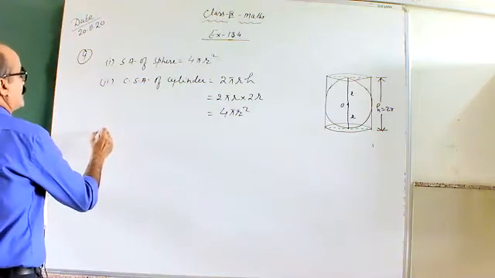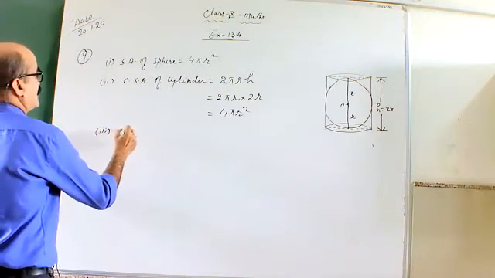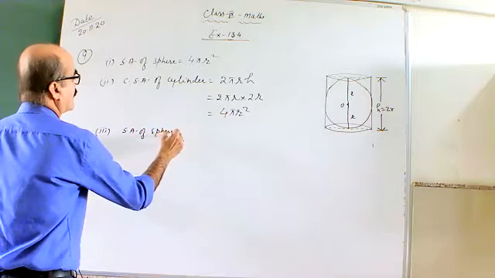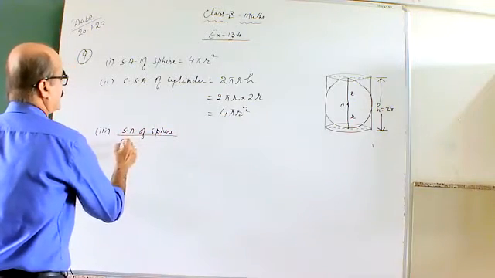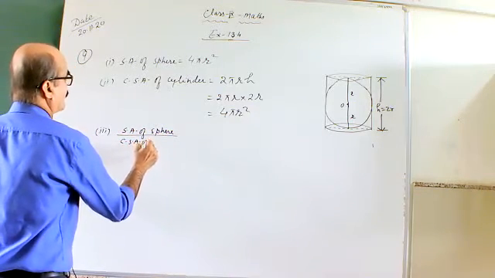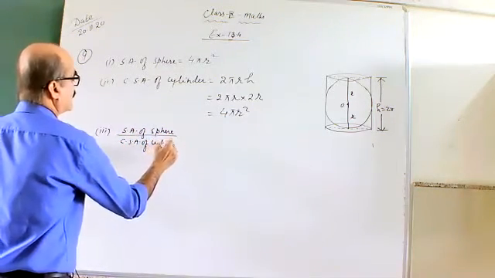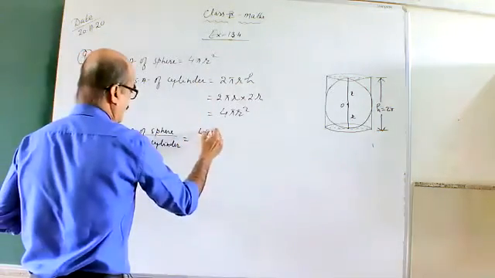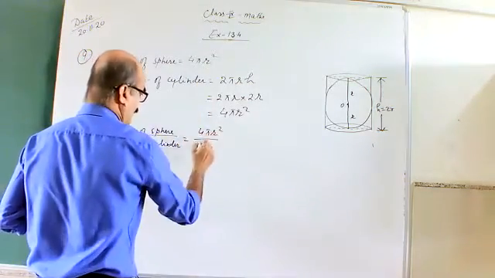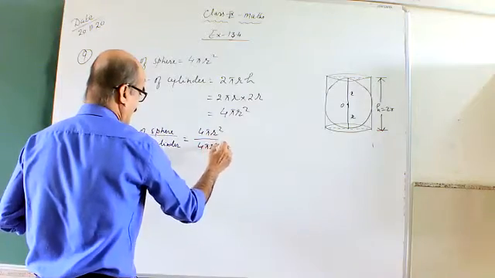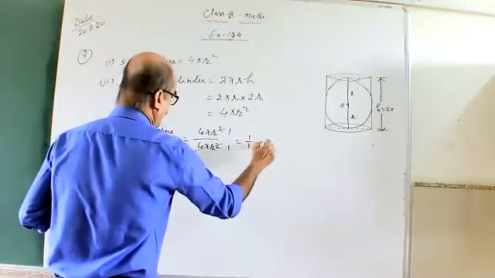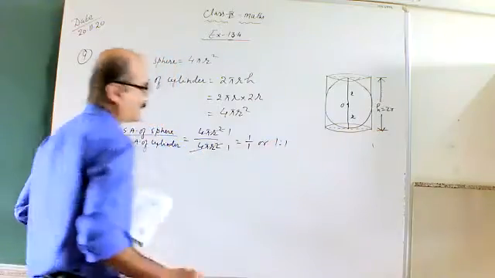So the surface area of the sphere divided by the total surface area of the cylinder. This is 4 pi r square, and this is also 4 pi r square. So this will cancel, and it is 1 by 1, or 1 is to 1.